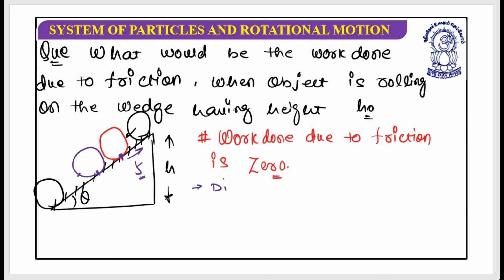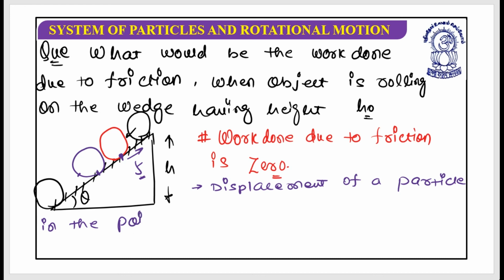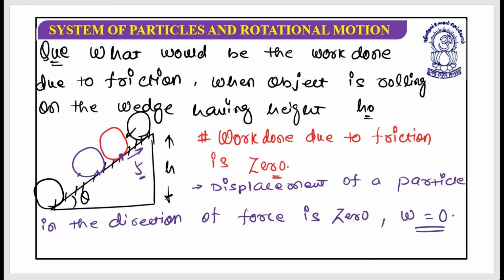I can say that the displacement of a particle in the direction of force is 0. I'm talking about the frictional force. So work done equals 0. Please remember this. In this situation, work done due to friction is 0.